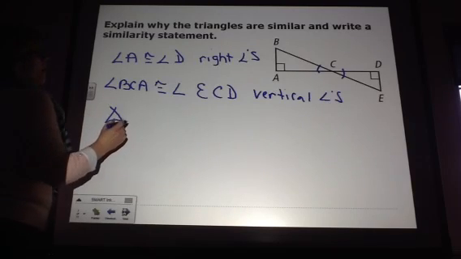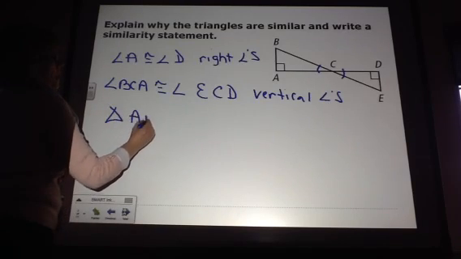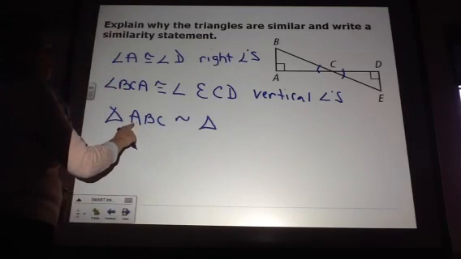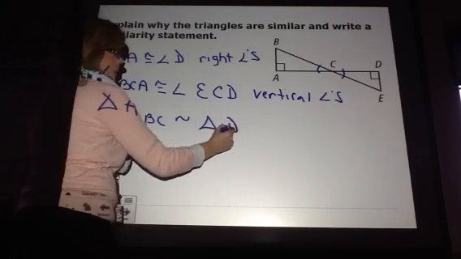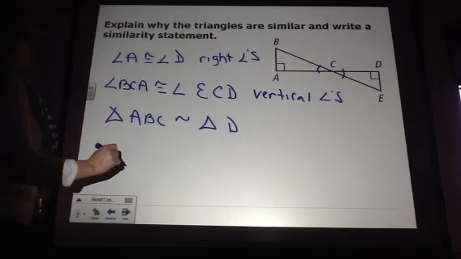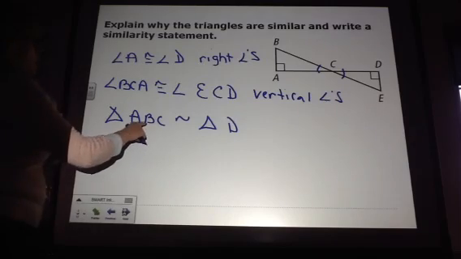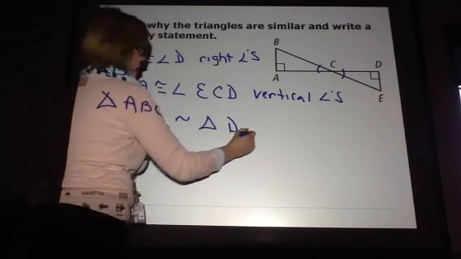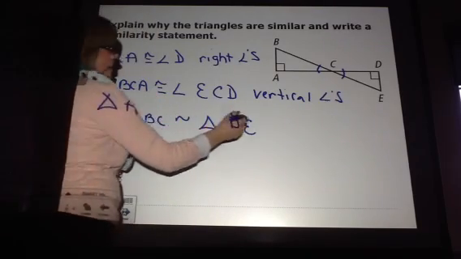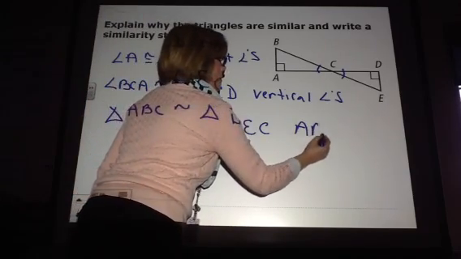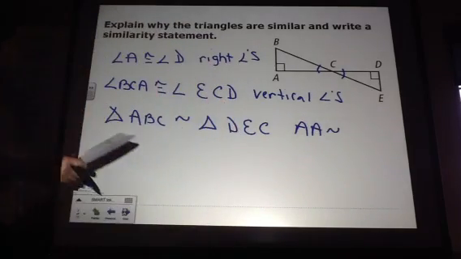So you can say that triangle ABC is similar to triangle. What corresponds with A? D. What corresponds with B? E. And then C. And this is because of your angle-angle similarity theorem.